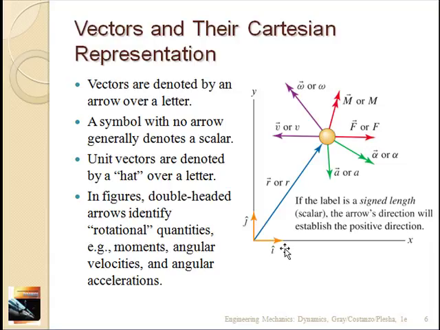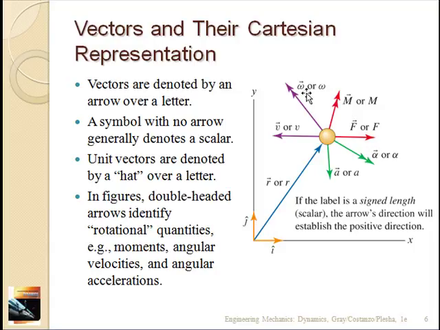Unit vectors have hats, so you see this i and j down here. i is typically the unit vector in the x direction, so it's of unit length, but it has direction parallel to the x direction, at least in this case. And j is a unit vector, has unit length in the y direction. If they have double arrows like this and this and this, they usually deal with rotation.